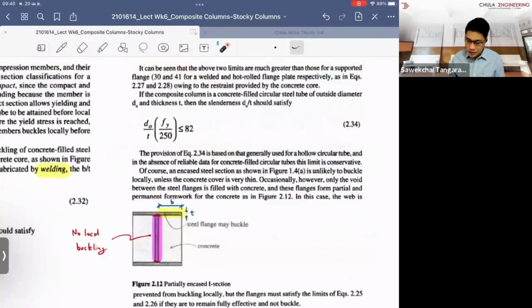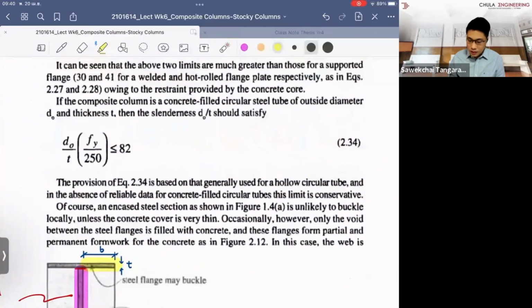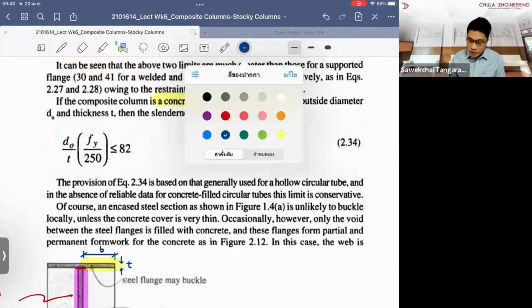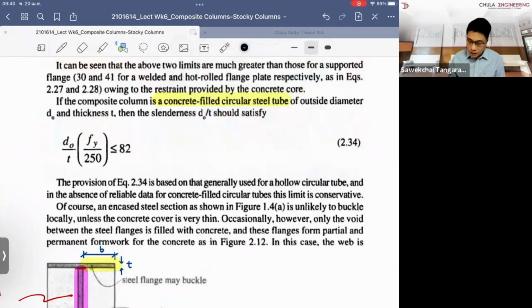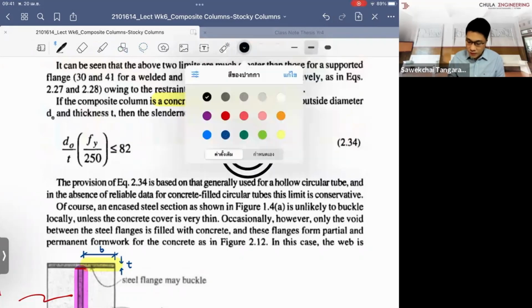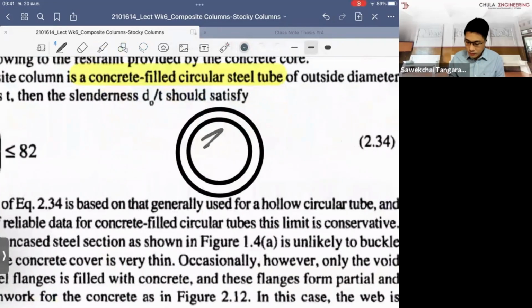And this one here is the circular hollow steel tube. Basically, how the section looks is that you have one circular hollow section, and you have the other one as an internal, and you put the infill of concrete here.